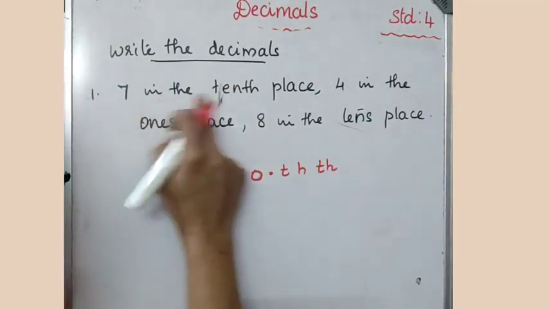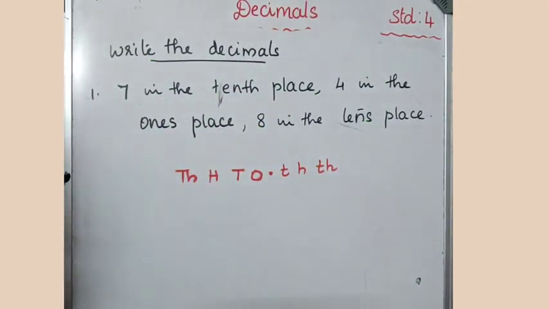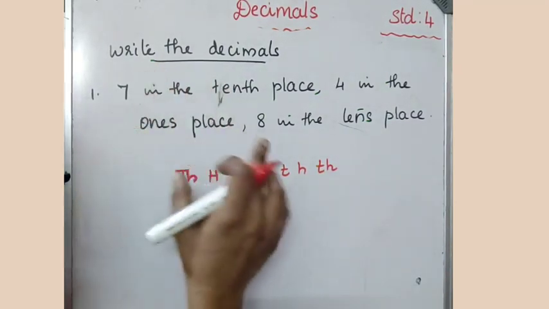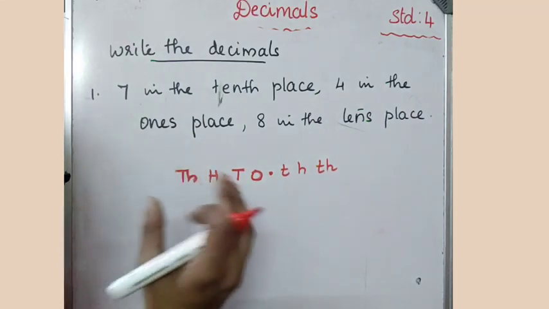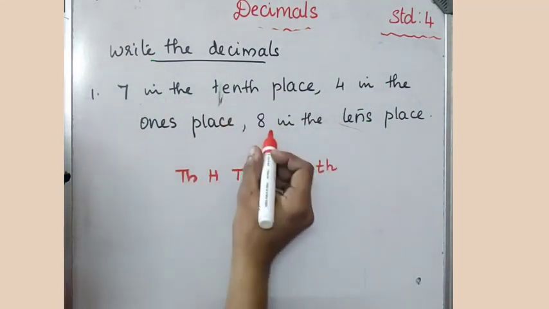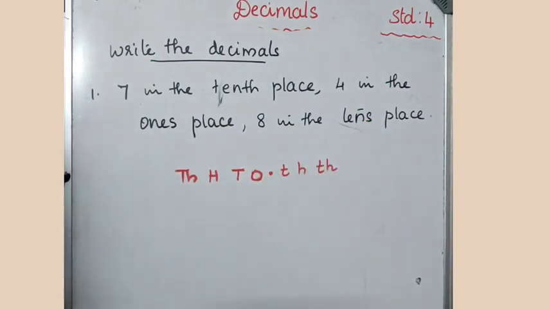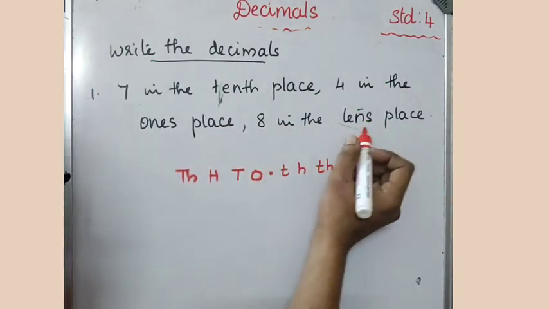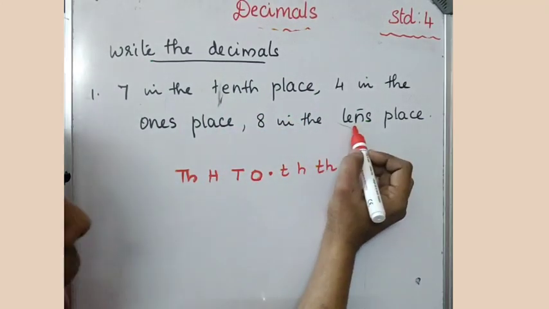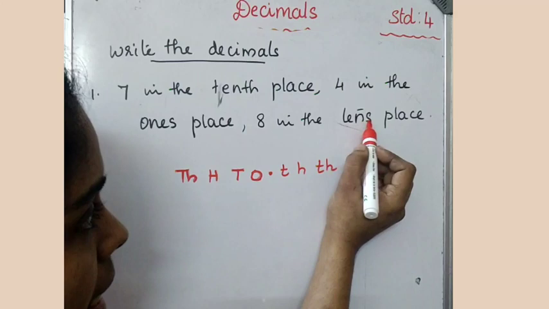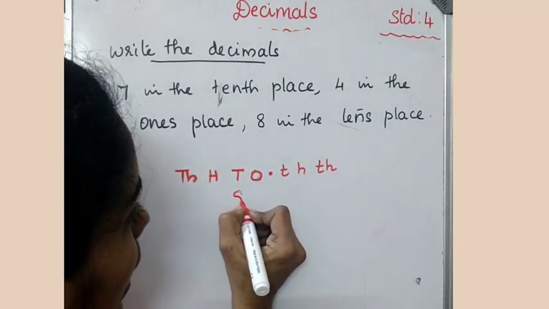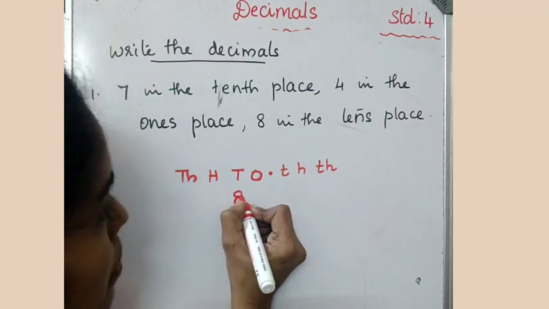Look here, 7 in the tenths place. You have to read the question correctly. Here 7 in the tenths place, 8 in the tens place. Which is the whole number part? This TH is the decimal part. TENS is the whole number part. So we can write 8 here, 8 in the tens place.